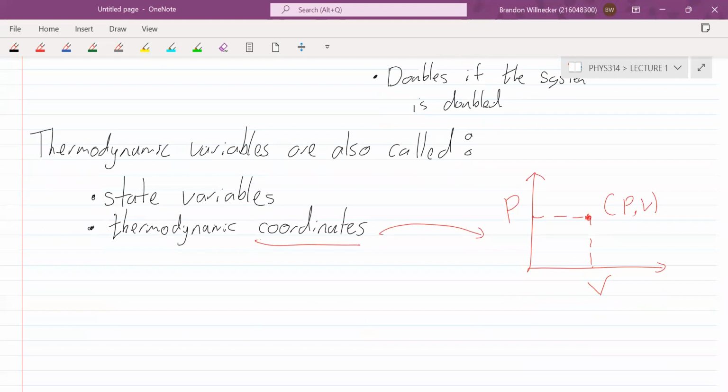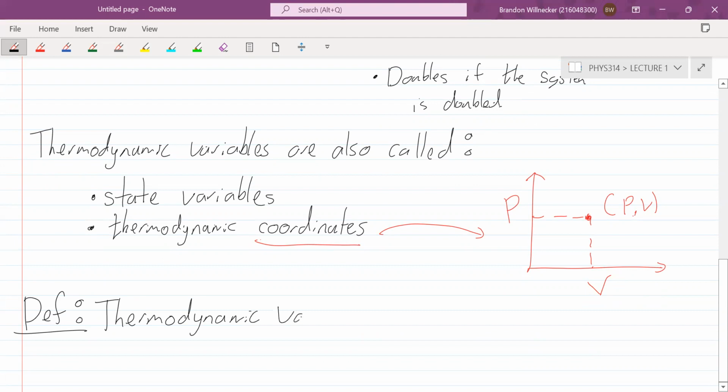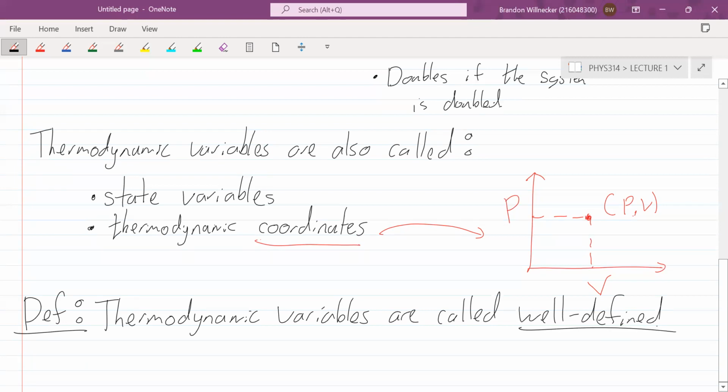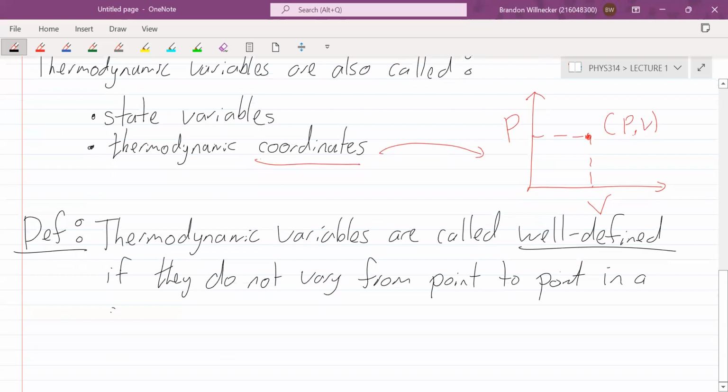Okay, so the next thing, definition. Thermodynamic variables, and we know the other names for thermodynamic variables now, are called well-defined if they do not vary from point to point in a system and do not vary in time.